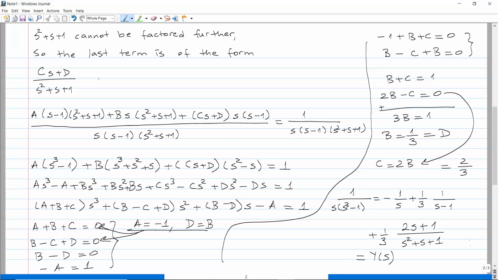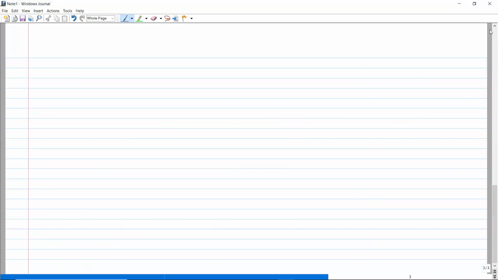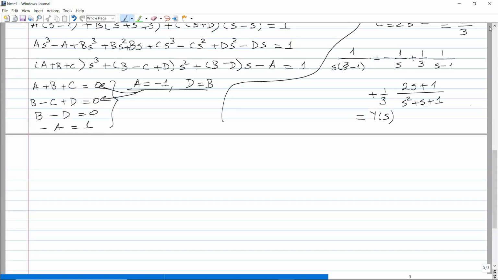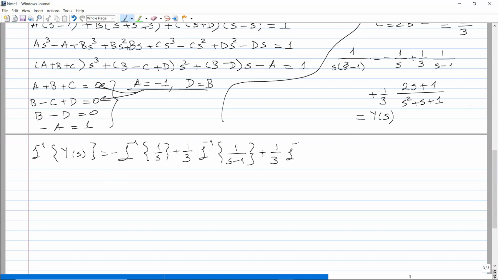So now we need to find its inverse Laplace. So inverse Laplace of capital Y of s. Inverse, so minus inverse Laplace of 1 over s plus 1/3 inverse Laplace of 1 over s minus 1 plus 1/3 inverse Laplace of 2s plus 1 over s squared plus s plus 1.